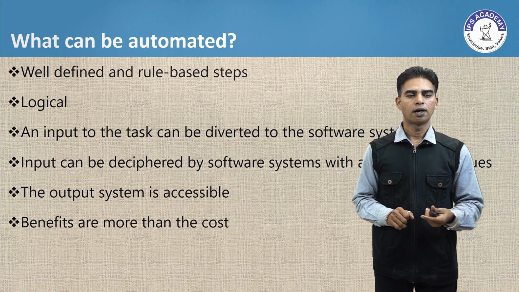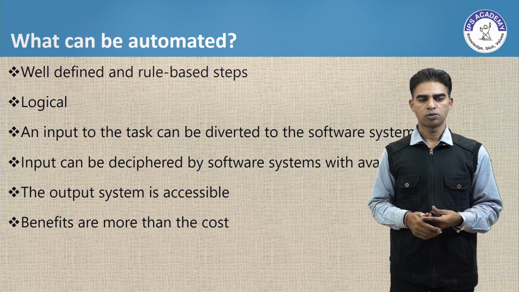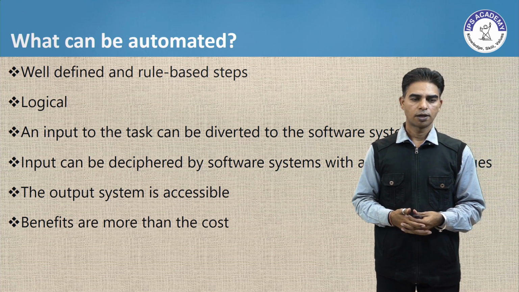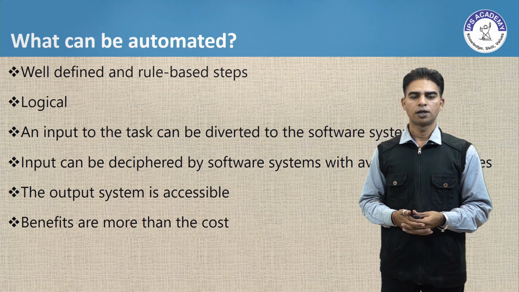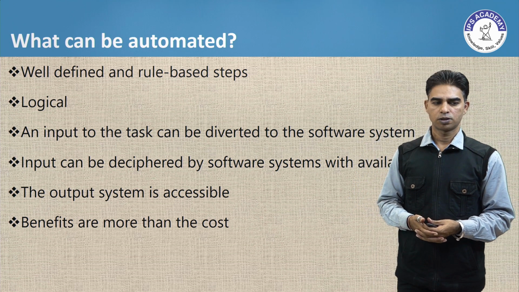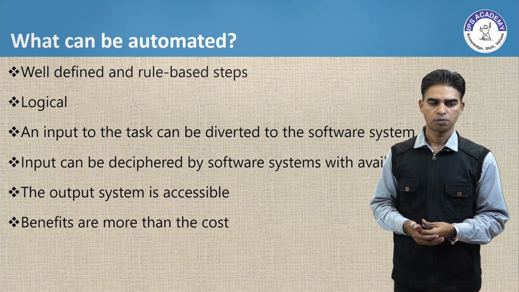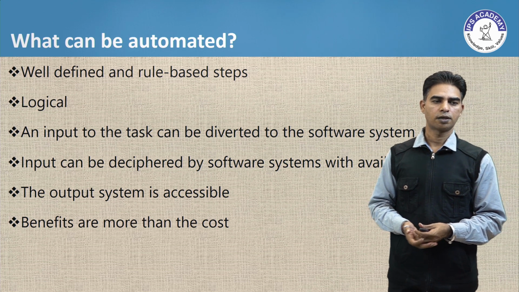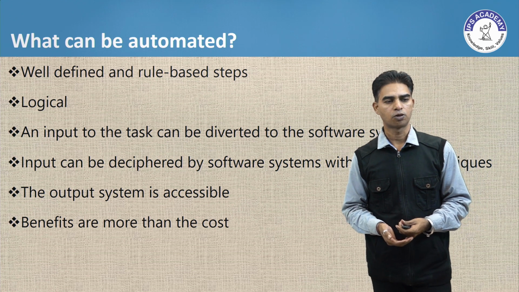Also we can automate logical things, doing a particular type of programming on them. An input task can be diverted to the software system, the output system is accessible, and the benefits are more than the cost. There are many kinds of things that can be automated.